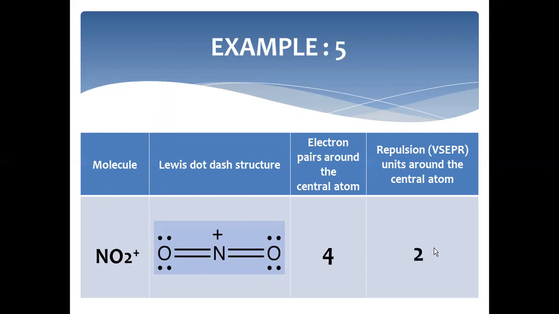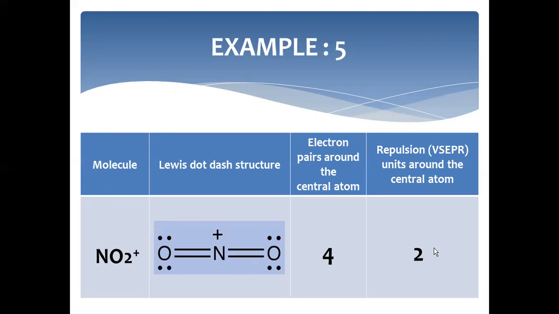So most of the time we have spoken about what is meant by the VSEPR unit and how it shows the impact on the structure and the bonding. We have to find the shape of the molecule, and for that sake we should know the VSEPR unit. The repulsive unit is the lone pair and the bonding pair around the central atom.